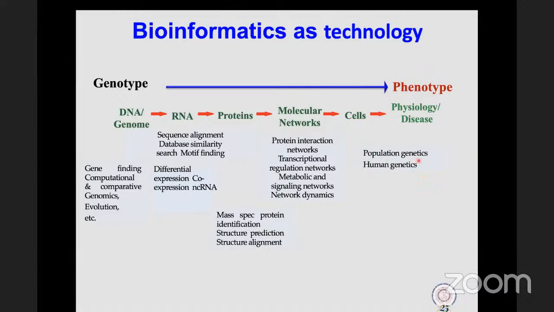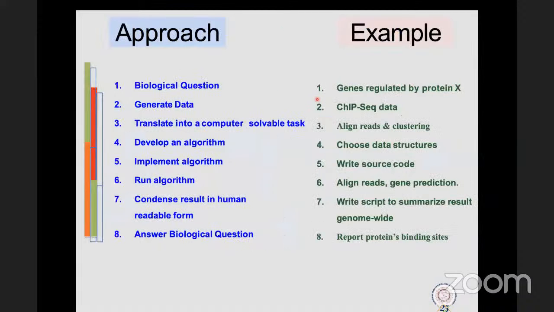The only difference is a SNP, or base change, in the gene in the genome of the diseased person. Color blindness and all those things are examples of this. So this is how you can use bioinformatics as a technology.